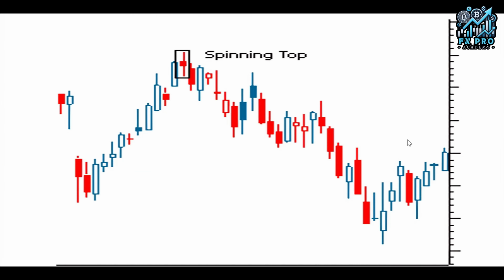Spinning top. It often appears to signify that investors are indecisive between buyers and sellers. They are unsure whether they should buy or sell, which means the pattern reflects indecision among investors. Investors are uncertain whether this is the right point to sell.